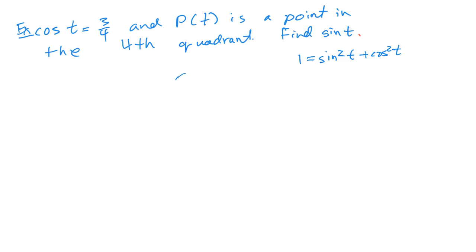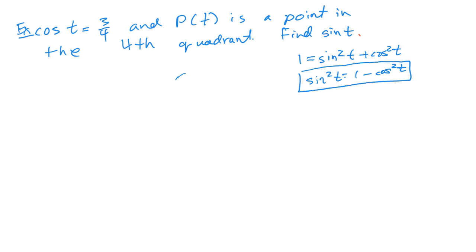Now, you have to find sine of t, right? We can use this equation and plug this in and solve, but you could also rearrange it. So we could write it as sine squared t is equal to 1 minus cos squared t, couldn't we? That's just an alternate form of our Pythagoras theorem.